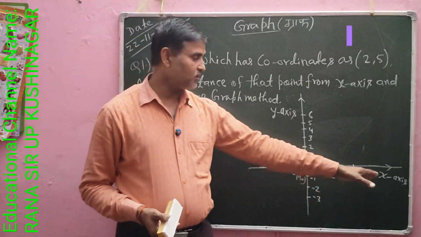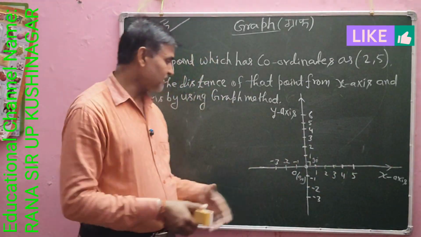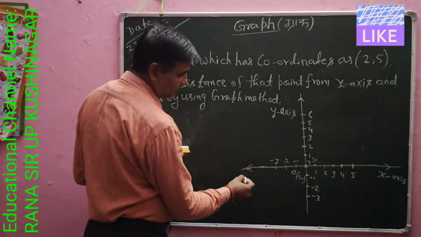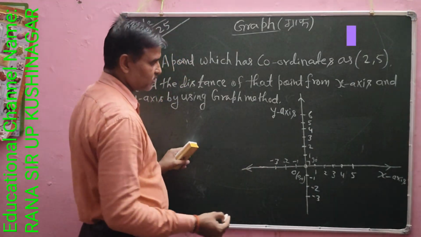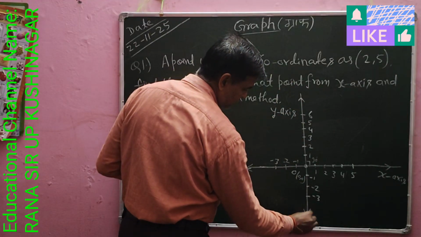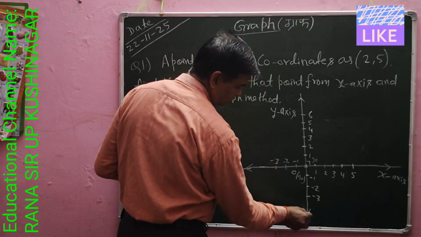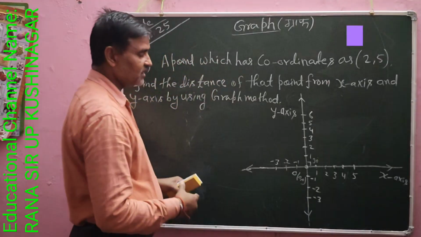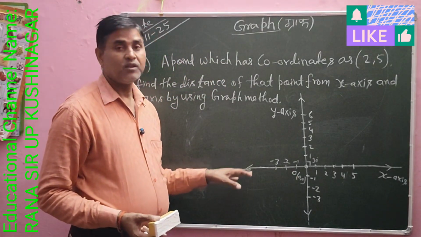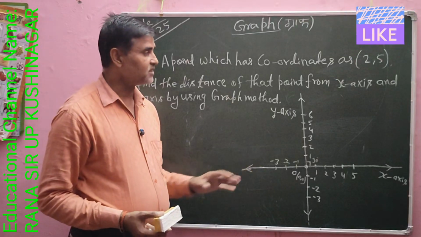Now it will go up to plus infinity and this will go up to minus infinity. Already in the starting video I have discussed with you, this will go to positive infinity and this will go to negative infinity.